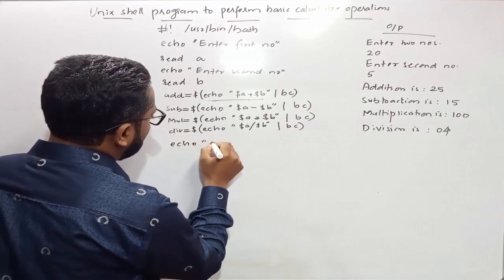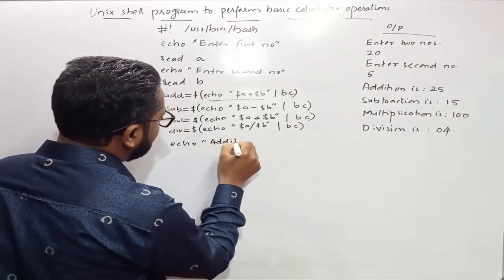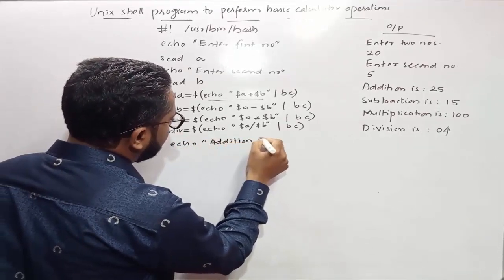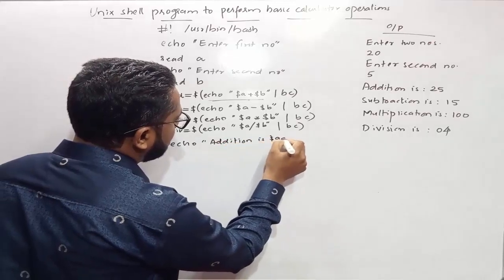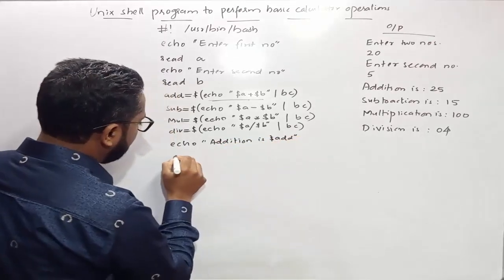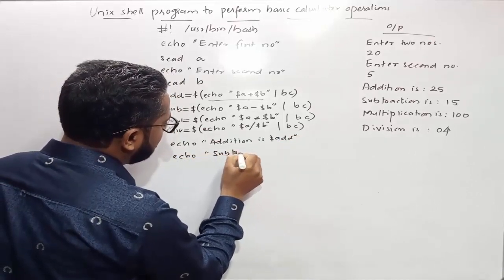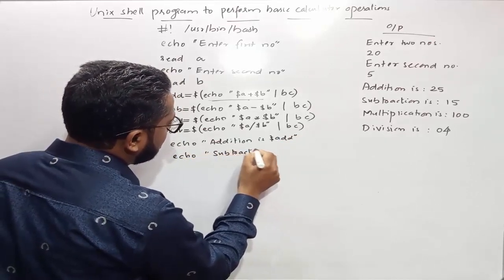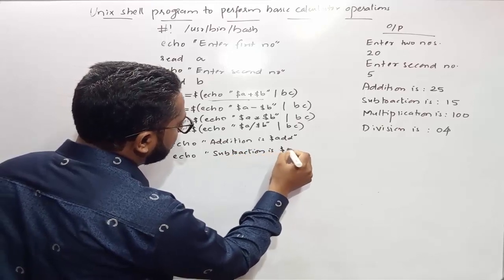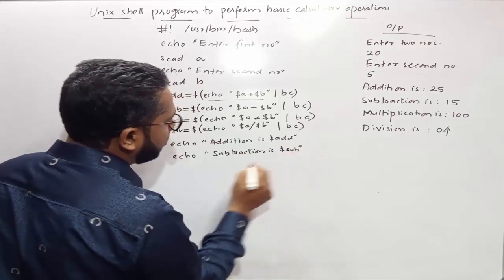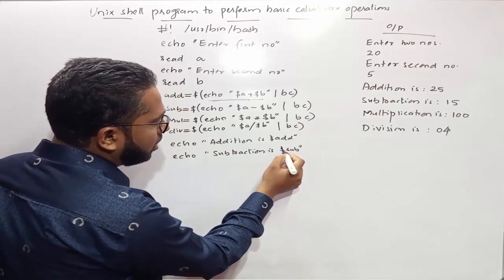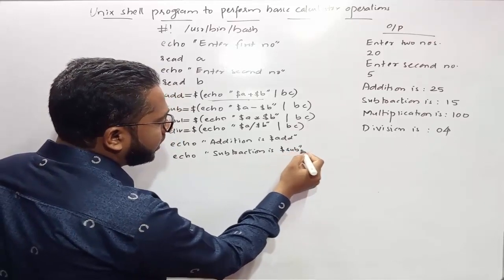Now I just need to print these variables using the echo command. echo addition is dollar add. echo subtraction is dollar sub. Okay, you should not give space between the dollar and the name of the variable.